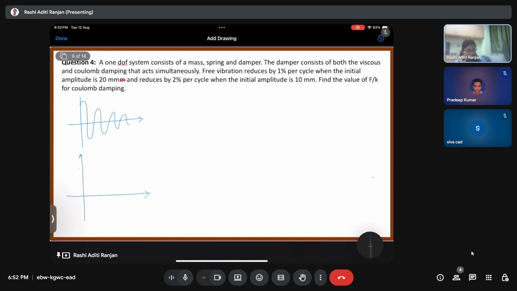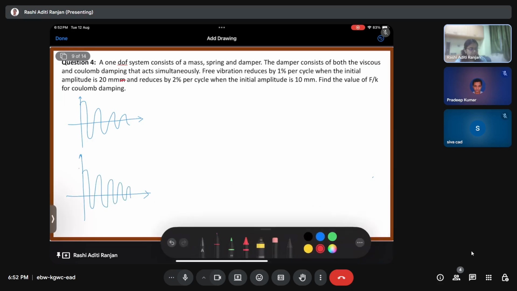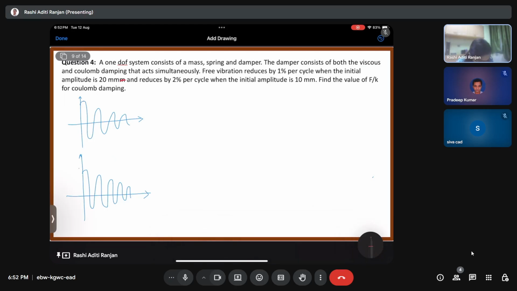And for viscous damping, we had, so if I connect all these dots, so this was viscous, this was Coulomb, right?